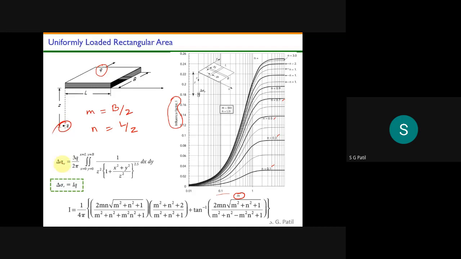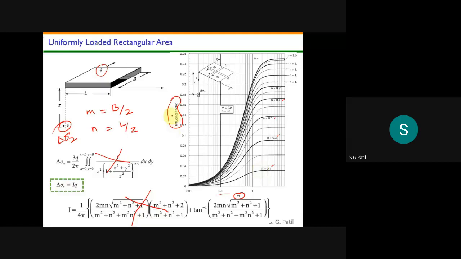Remember, whatever delta sigma z we are calculating, that is at the corner point of this rectangular area. Understood? So don't try to remember this formula. It's very difficult to remember, but in the examination, for different m and n combination, they will give you the influence factor.